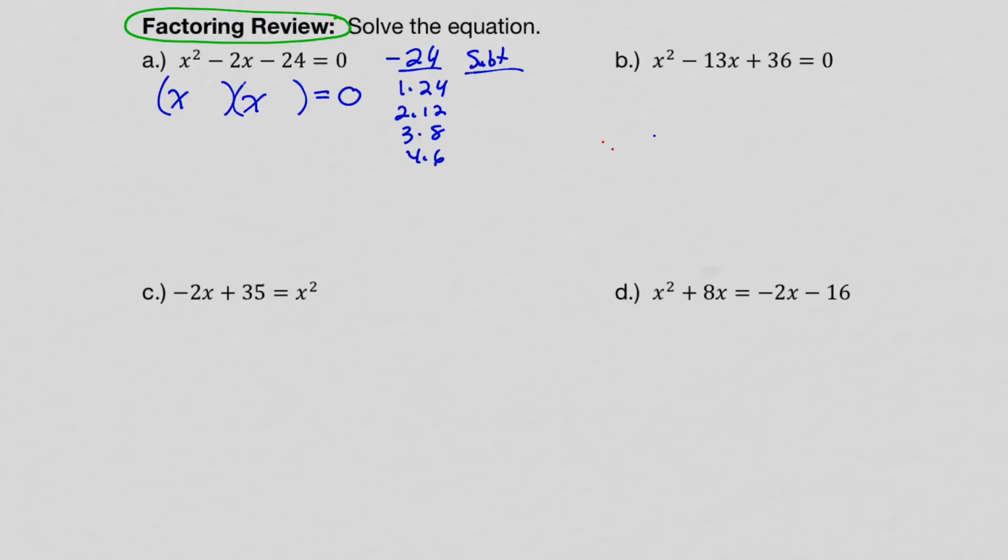So subtraction, the difference between these two factors, we need a difference of 2, which is right there. Okay, how do we get this negative 2? We need a negative on the 6. So, put a negative 6 here, positive 4 there.